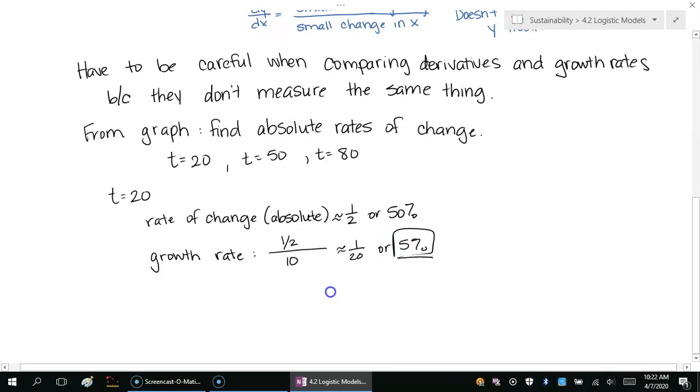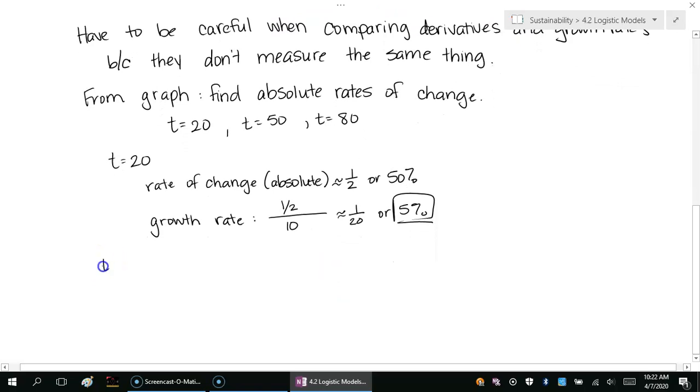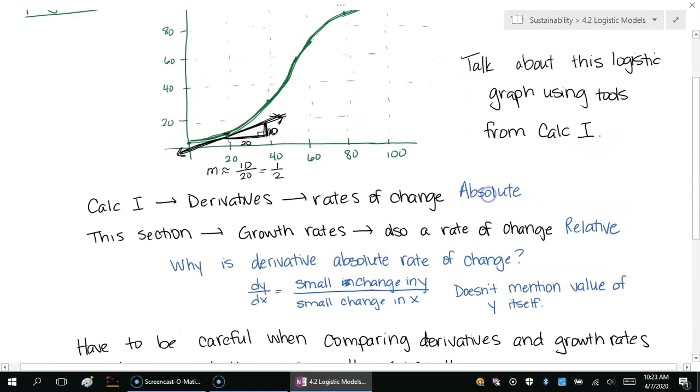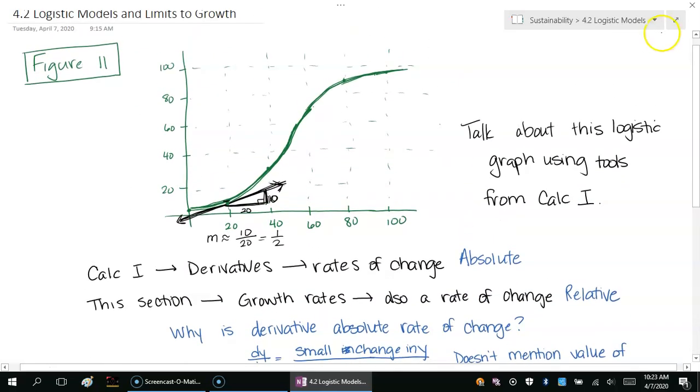Okay, let's try t equal to 50 now and see what we get. We'll start by finding the absolute rate of change using the derivative. And we'll approximate that the same way. We'll go back to our graph and sketch the tangent line and then try to figure out what the slope of the tangent line is.